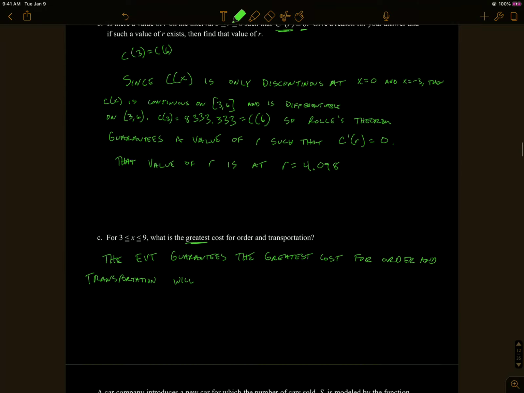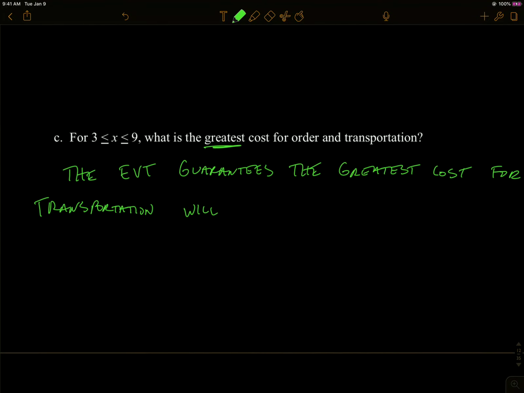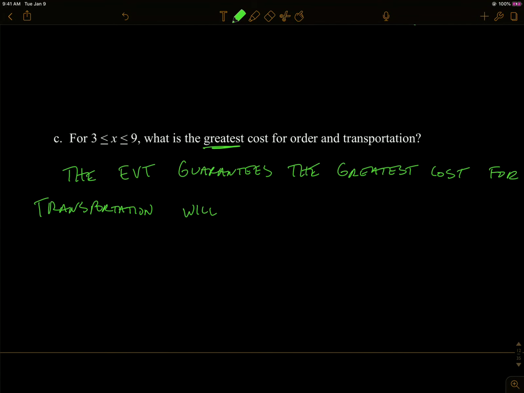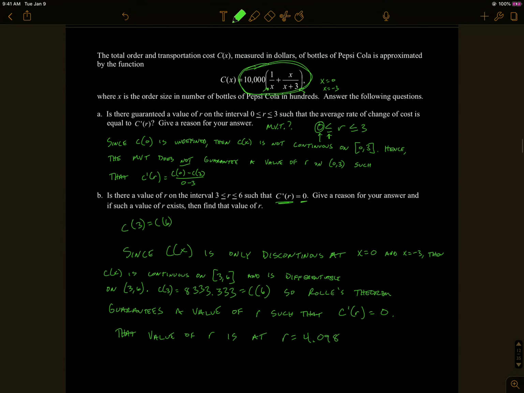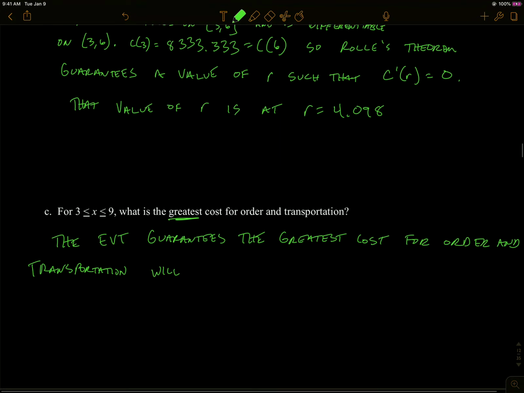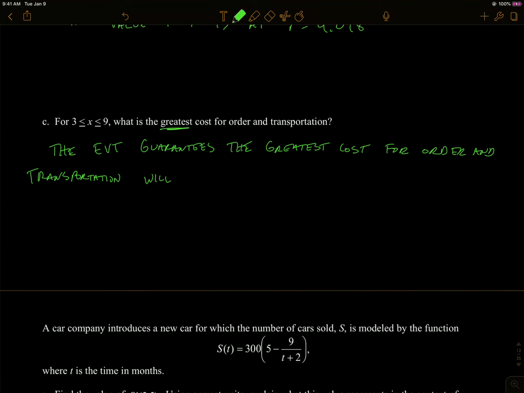So on this interval 3 to 9, the function is continuous because our only discontinuities I believe were 0 and -3, so we should mention that as well. For order in transportation, it will occur at the endpoints. So I'll say it will be when x equals 3, x equals 9, the endpoints, and any possible relative extrema.